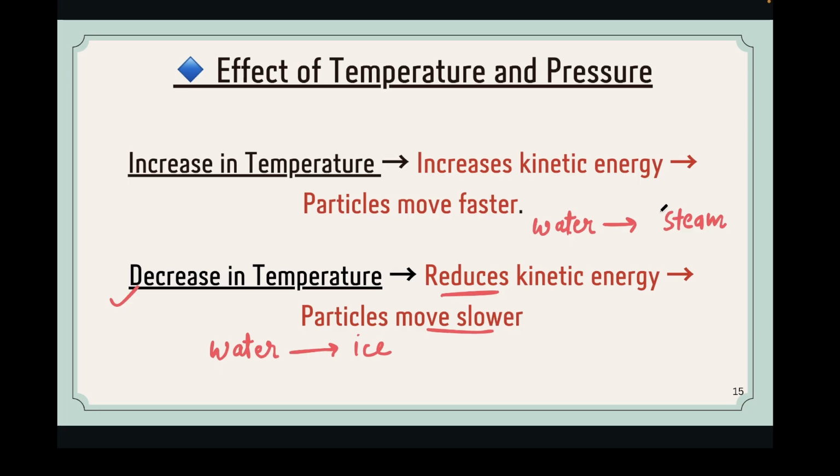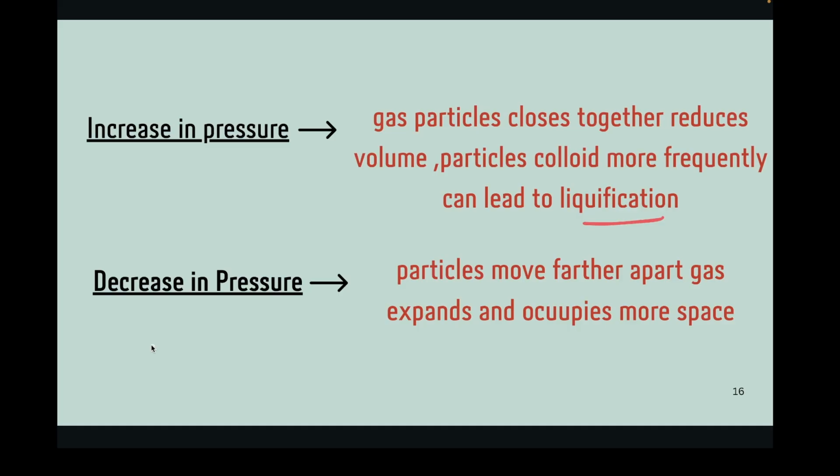On decreasing pressure, particles move further apart and gas expands and occupies more space. If we are talking about liquid, if we decrease pressure, liquid boils at lower temperature and evaporates faster.